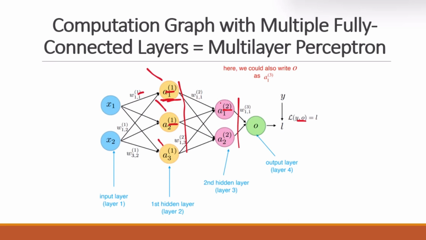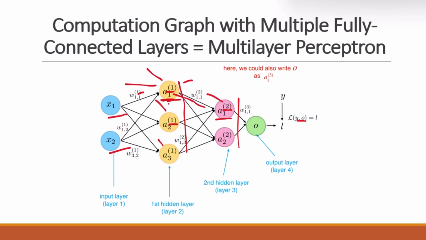It's based on the previous layer activations, which act as the input to that layer. So for the first layer we have the x's as inputs, and for the second layer we have the activations from the previous layer as input.